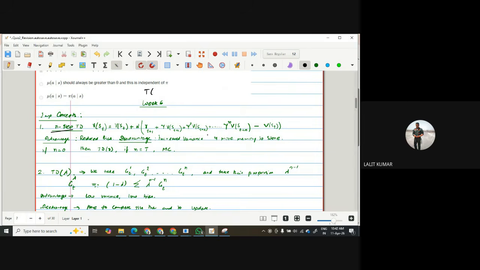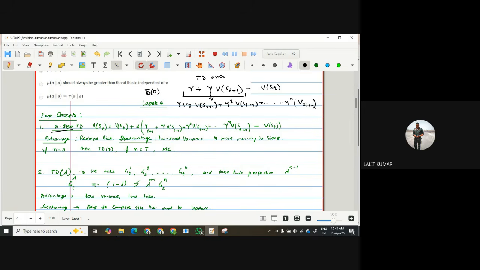In TD(0), we were considering only the TD error, that is, R plus gamma V(S_t+1) minus V(S_t). In n-step, we consider this n: R plus gamma V(S_t+1) plus gamma squared V(S_t+2), and it keeps on going up to V(S_t+n). So this is the formula for n steps.